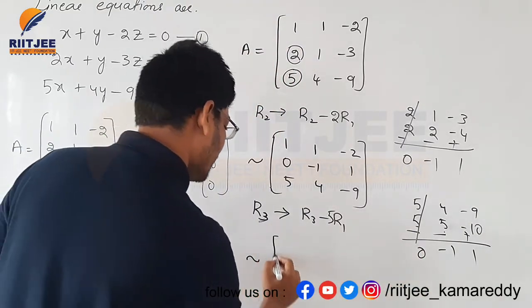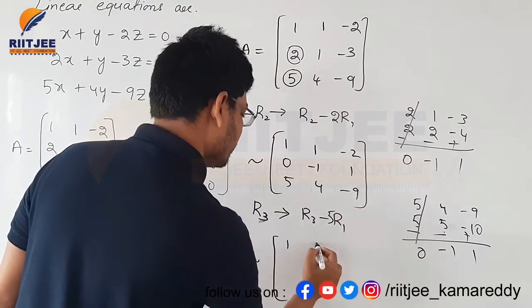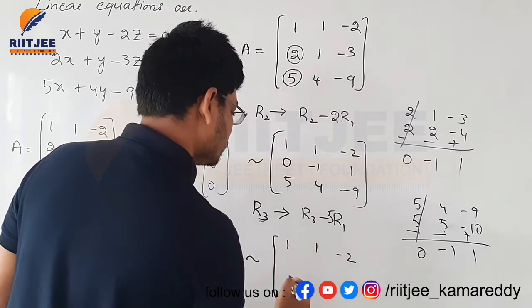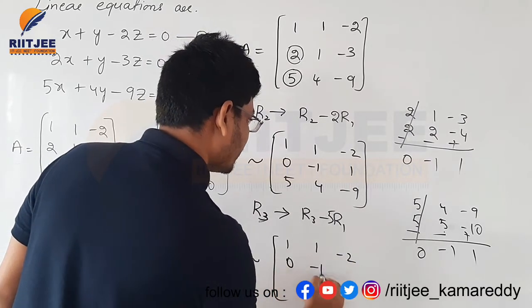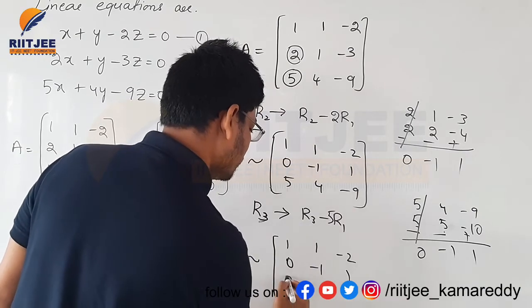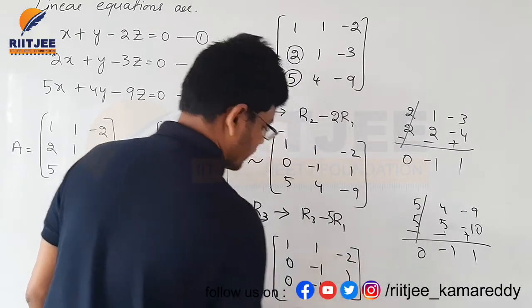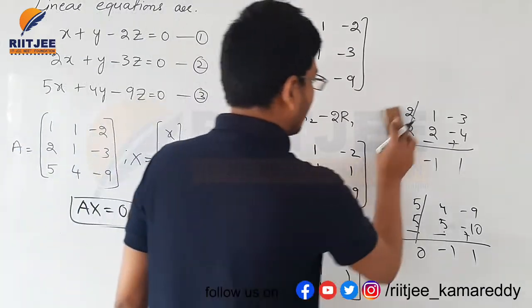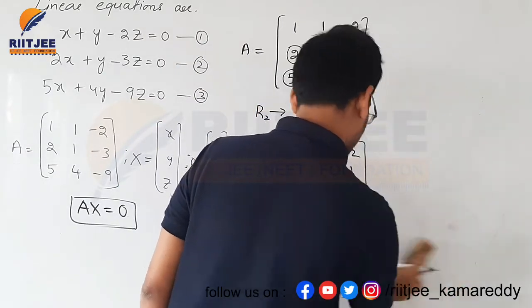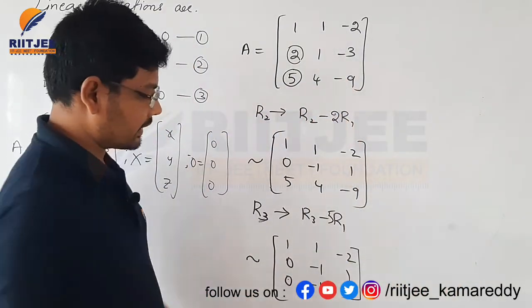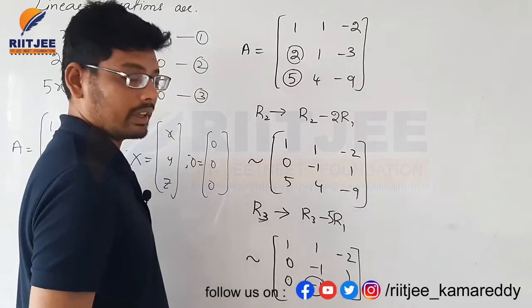So let's substitute the values here: 1 1 minus 2, 0 minus 1 1, 0 minus 1 1. This is the result. And here our next aim is to convert this number to 0.